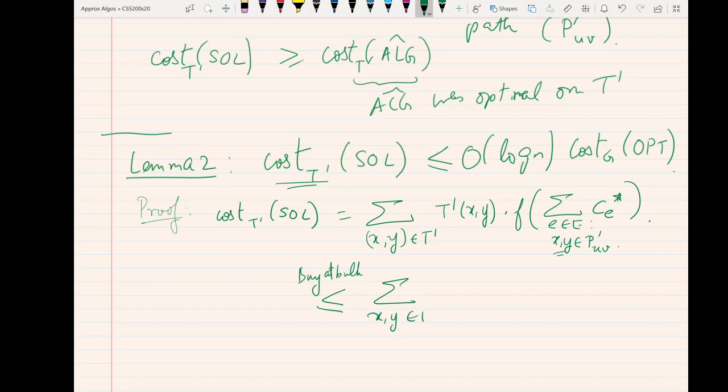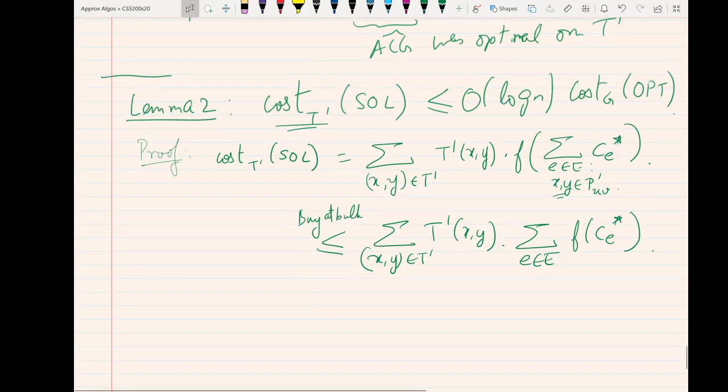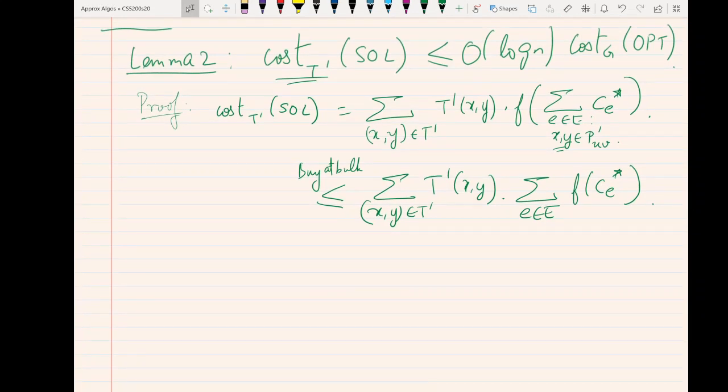Properly bound this by T prime of xy, and summation, I'm just going to say this edges of C. Well, I should say here that E is equal to UV over here.